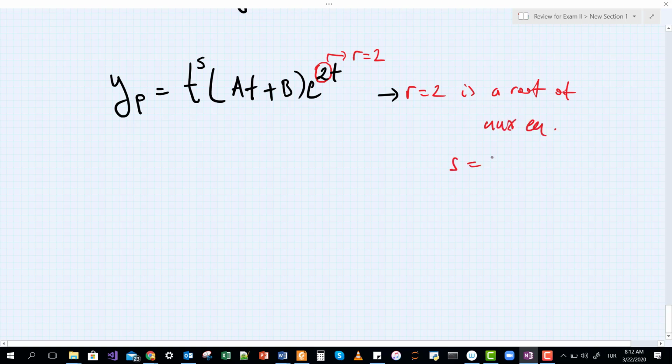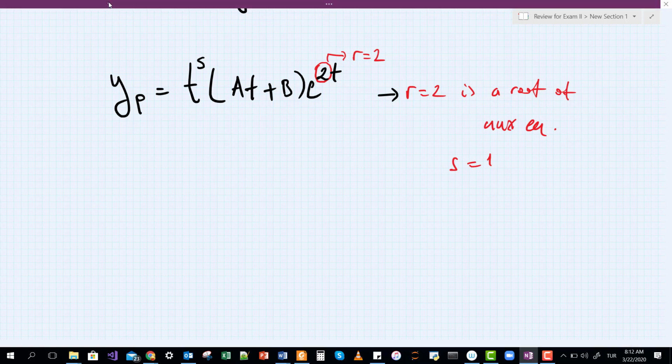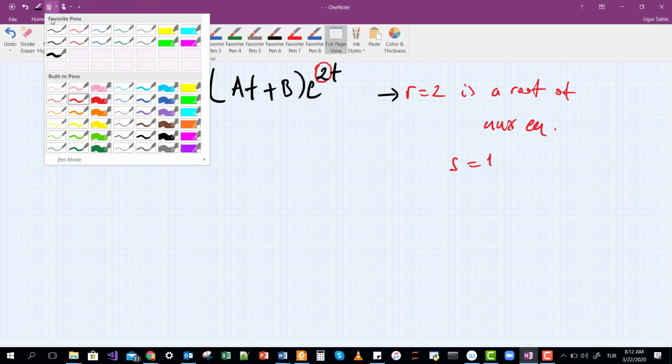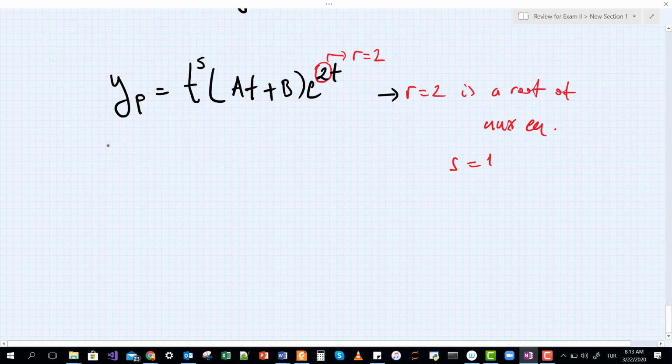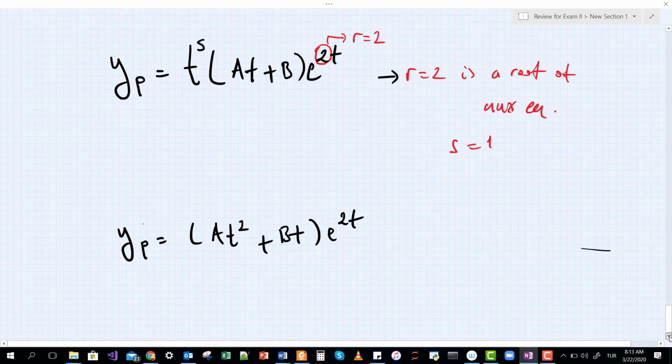This is why, of course, I'm going to need an extra term. S is going to be 1. So in this case, my particular solution is going to be yp equals t times (at plus b), but I need to multiply. If I multiply them, I'm going to have (at squared plus bt) times e to the 2t.